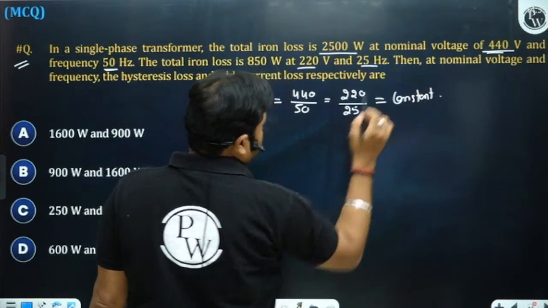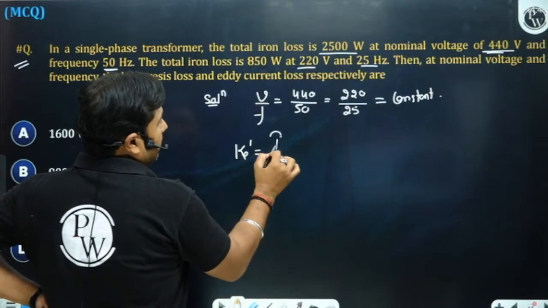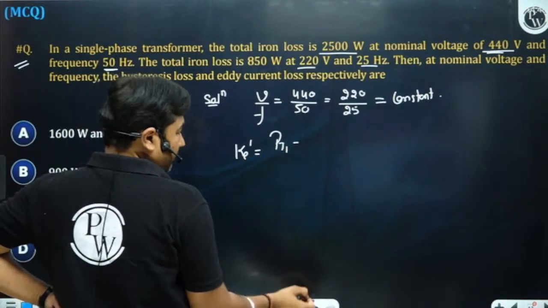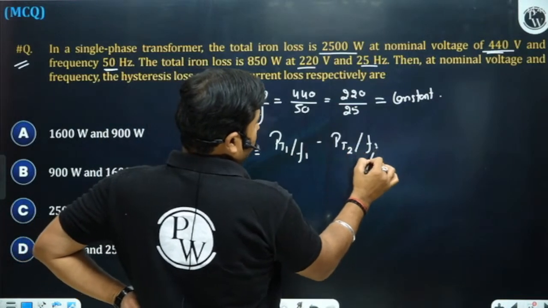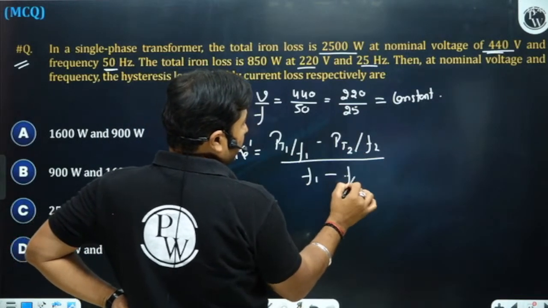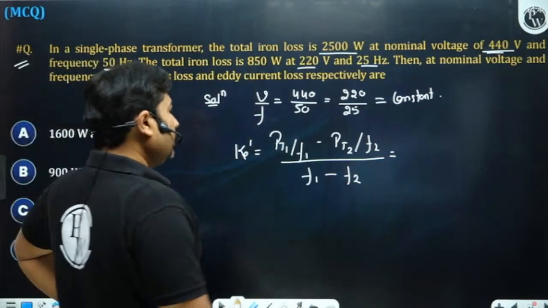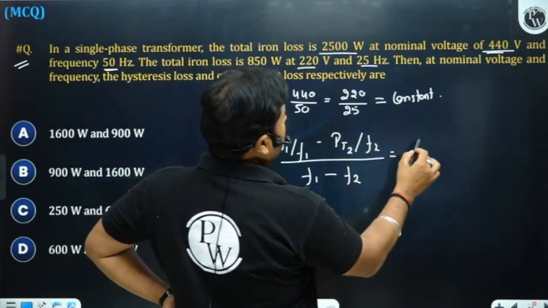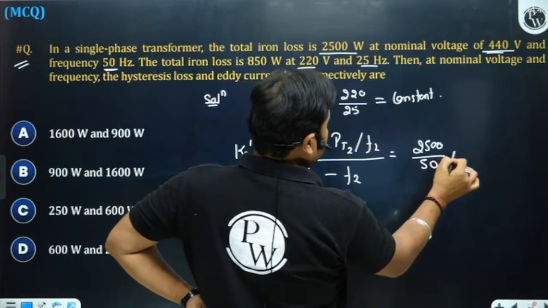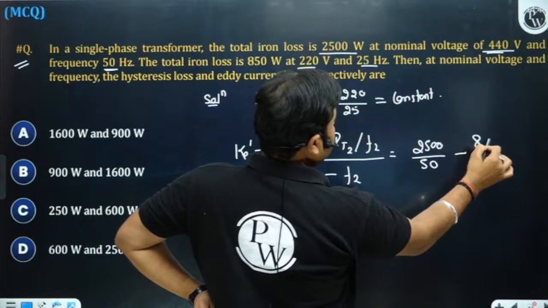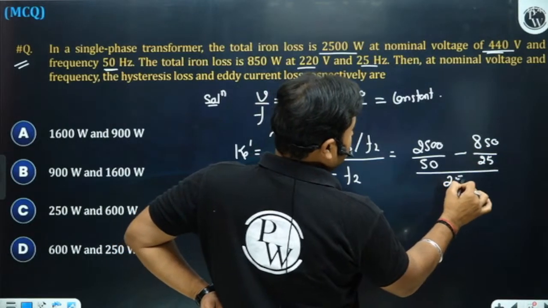When V by F ratio is constant, then you can directly calculate Ke dash as PT1 by F1 minus PT2 by F2 upon F1 minus F2. Hoping all of you are able to recall this. What is the total loss? Total loss is 2500 watt at 50 hertz, minus the new total loss 850 watt at 25 hertz, upon 25.